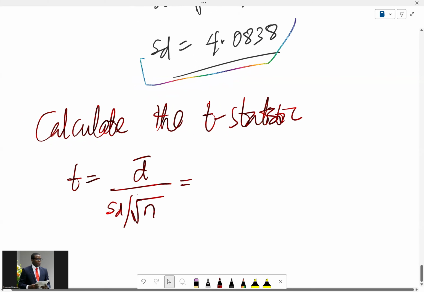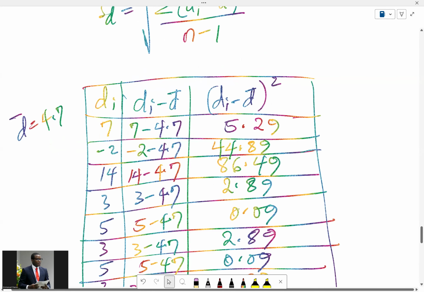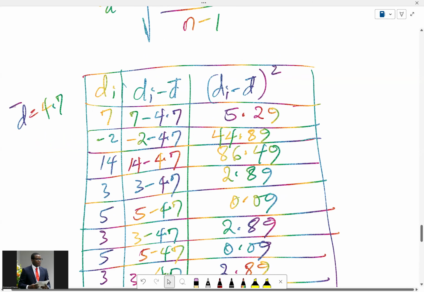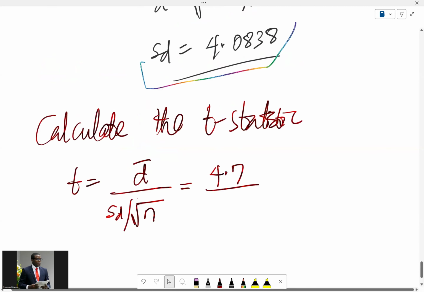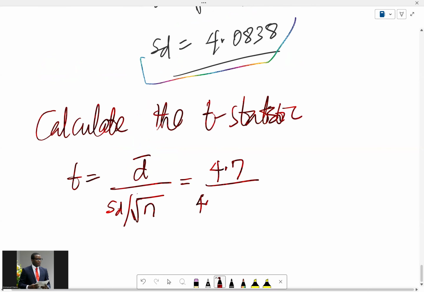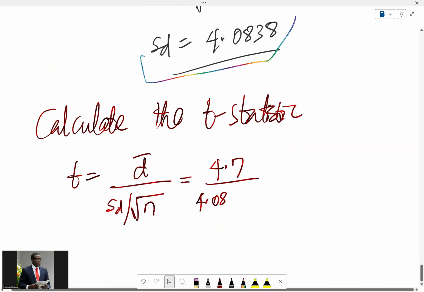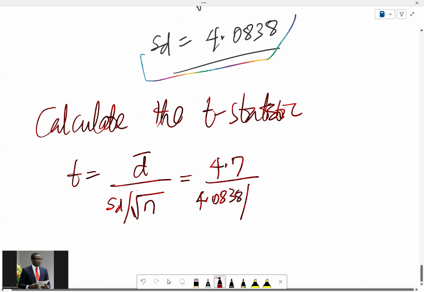So d bar, from what we already got, was 4.7. Yeah, d bar is 4.7. That's the average of the differences. That's 4.7 divided by our SD now, which is 4.0838, divided by square root of 10.